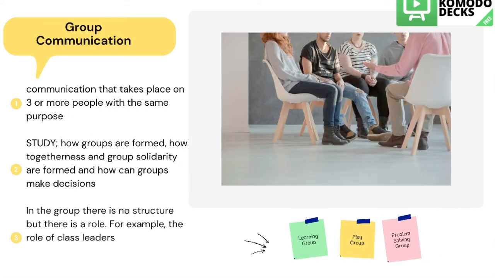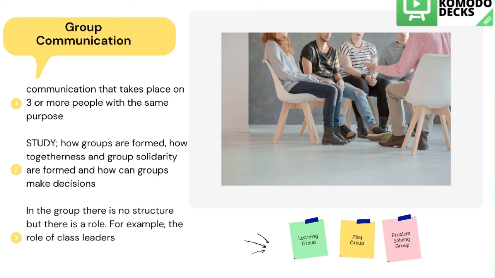The third level is the group communication level. In this level, it can involve 3 or more people. These 3 or more people want to achieve a common goal. So this is the difference between interpersonal communication and group communication.